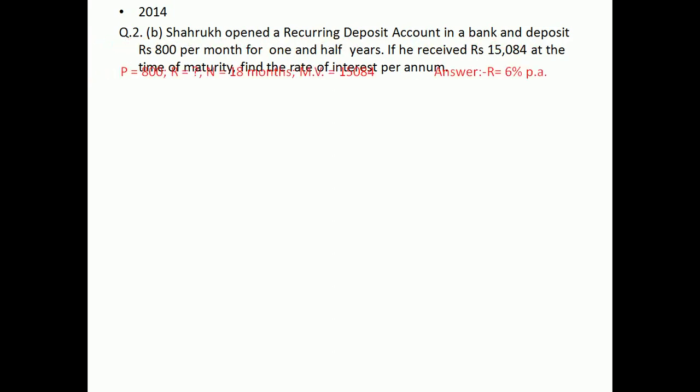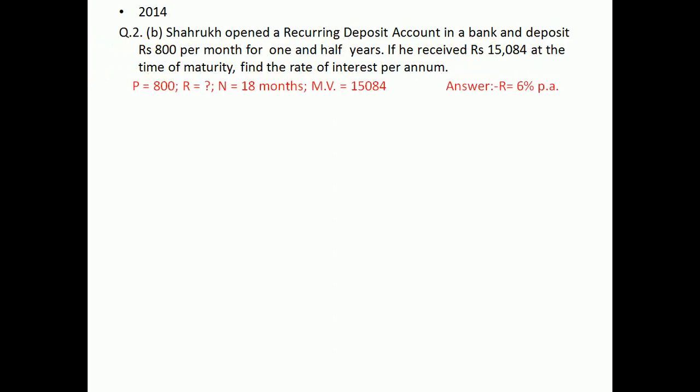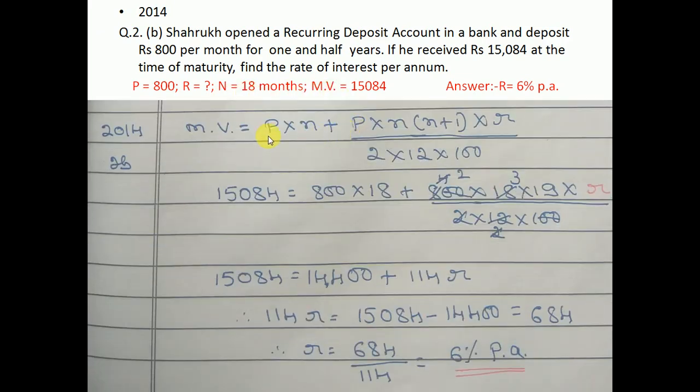Please calculate either by calculating the interest separately and then the rate, or otherwise, directly you can calculate the rate of interest like how I did before. P is 800, rate is not known, N is 18, MV is this. So I did it once again directly.